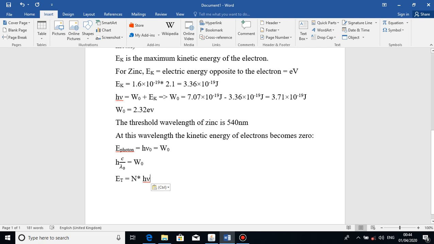And now diffraction and interference show the wave aspect of light, but the photoelectric effect shows the corpuscular aspect of light. Which one is true? In reality both are true, but how to differentiate between them? It is very, very simple.